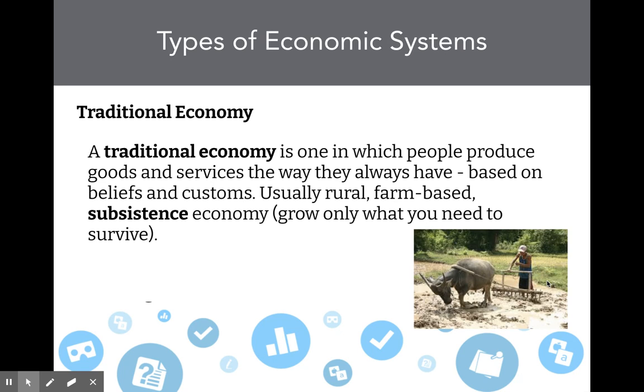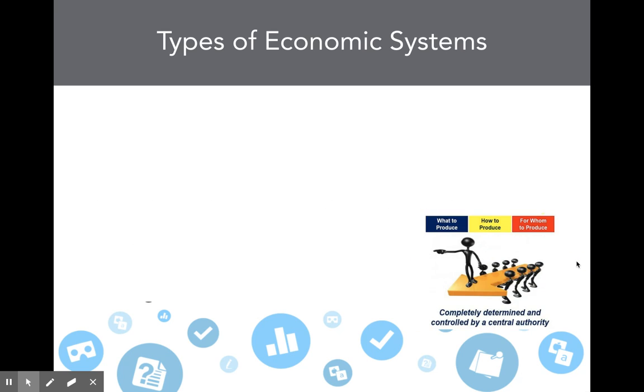This is the way that they have probably always farmed and continue to do that. Usually poorer countries tend to have more traditional economies only because they don't have the money to upgrade. And because they've done it this way so long, they see no reason to change. It works for them. So that is a traditional economy.